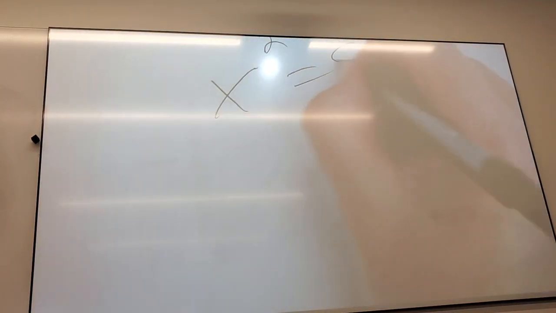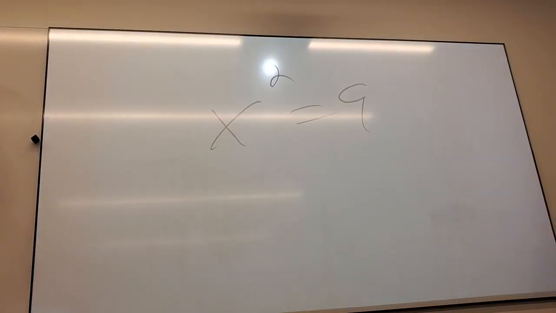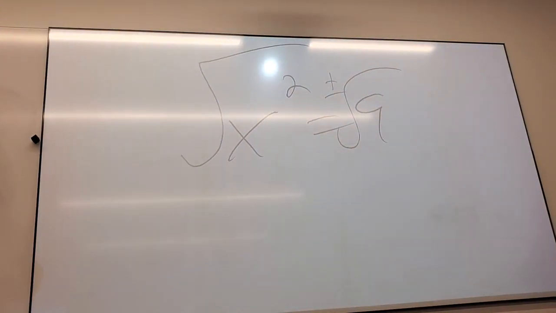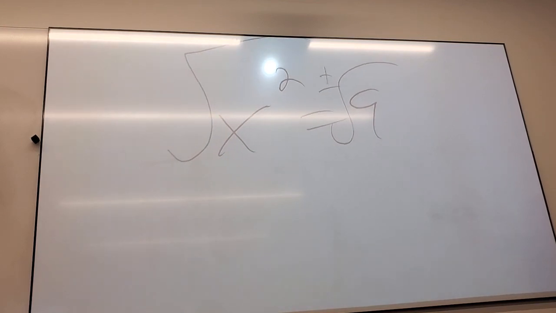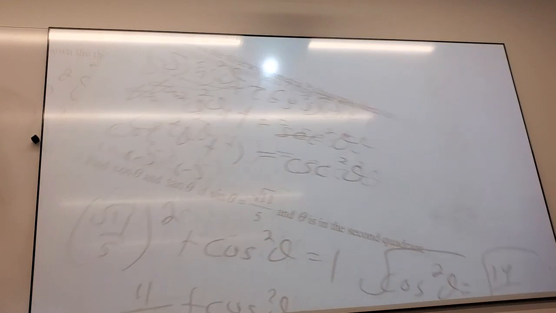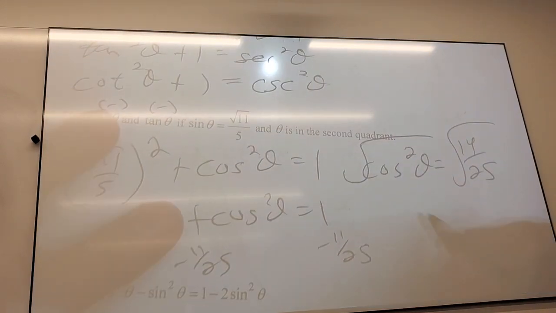What do I square to get 9? 3. Or? Negative 3. So if I take the square root, if I do not put plus or minus, I don't get both answers. So when you are the one taking a square root, you better put plus or minus to cover yourself. Right? So cosine theta equals plus or minus.